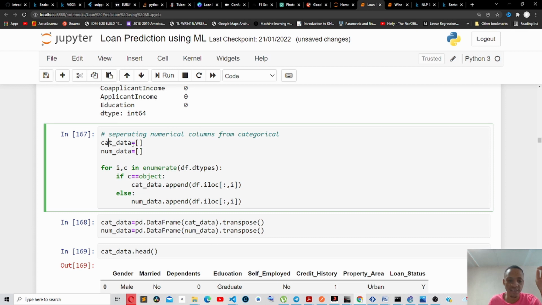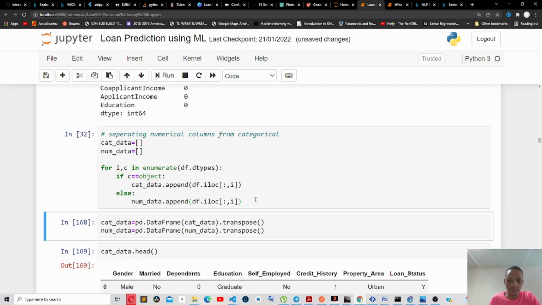So we are going to say cat_data is equal to an empty array, num_data is equal to an empty array. Then we are going to loop through for i, c in enumerate, through the df.dtypes, which looks at the data types in our data frame. If c is equal to object, we are going to append it to our empty array as categorical data. Else we have numerical data, right?